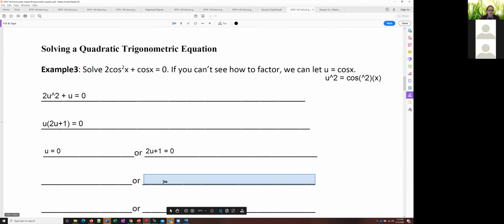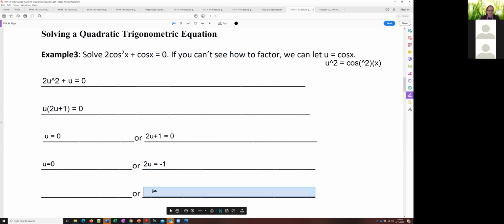Okay, so u equals 0. I'm not going to do anything with that yet. For 2u plus 1 equals 0, that means that 2u is equal to -1, and that means that u is equal to -1/2.